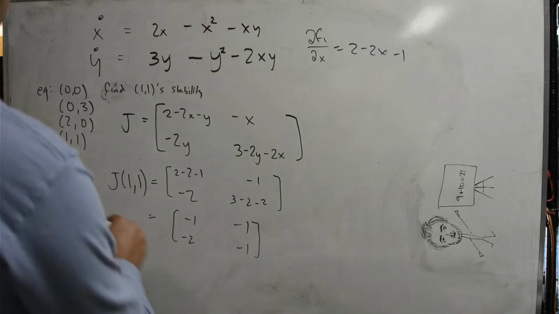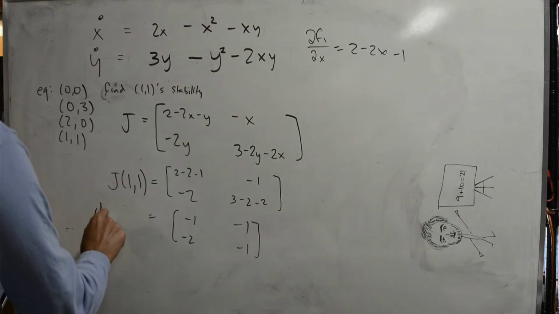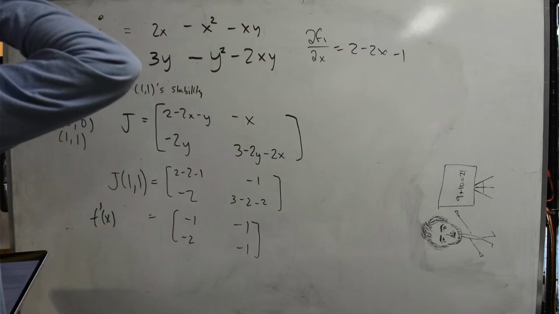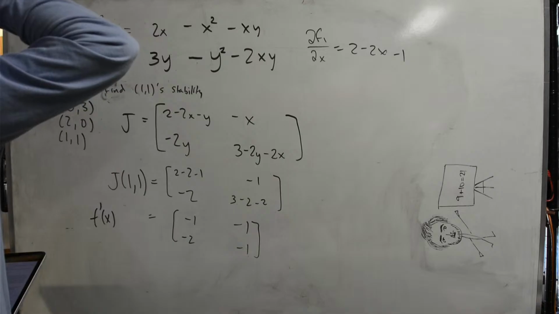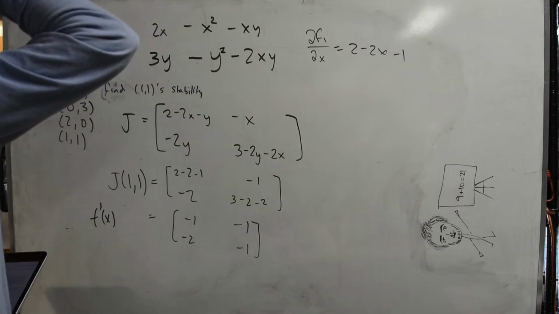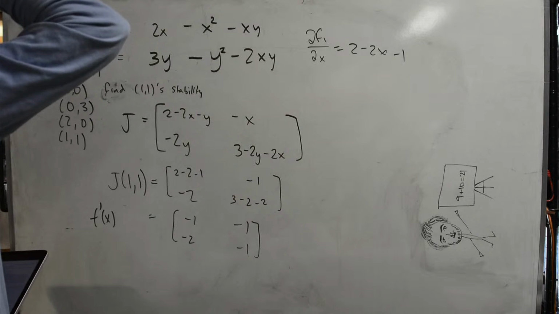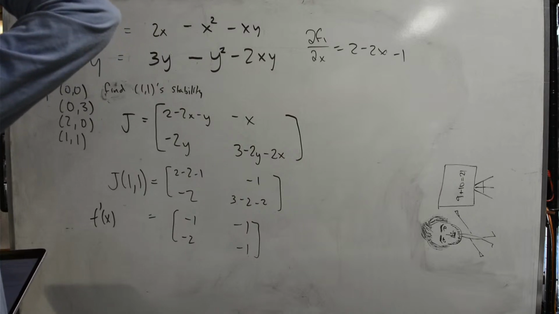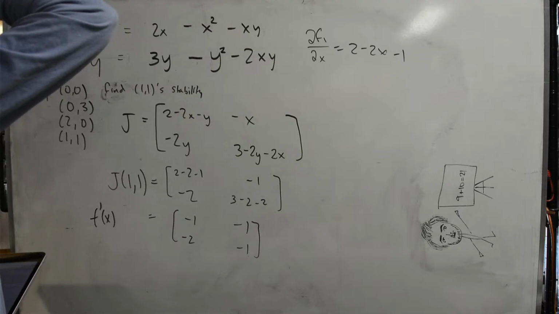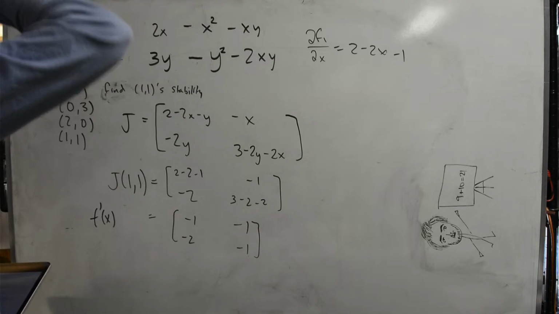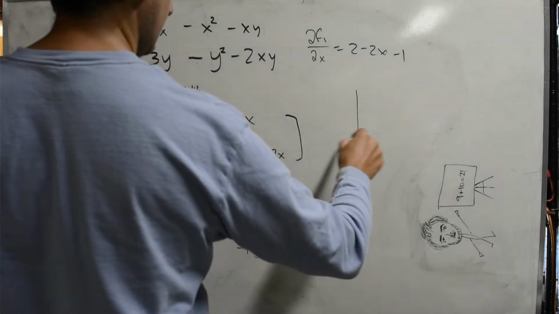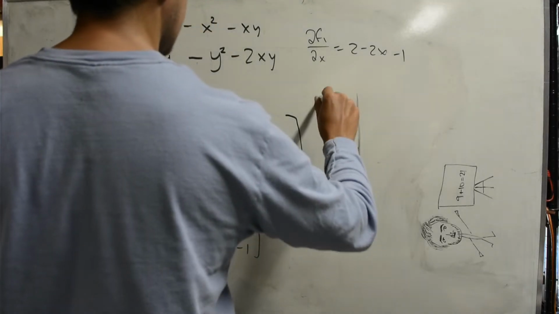So this is the analog of f prime of x, right? Oh wait, actually we should write it like this.